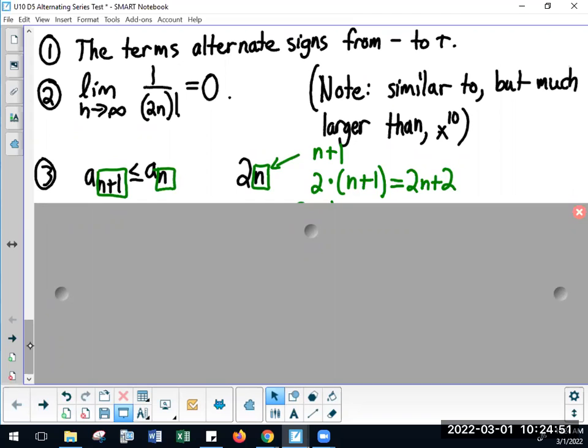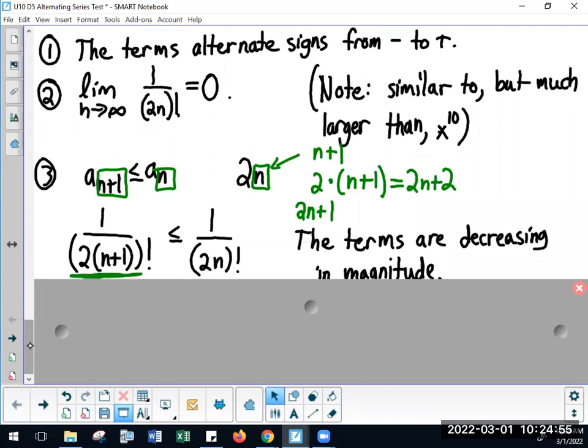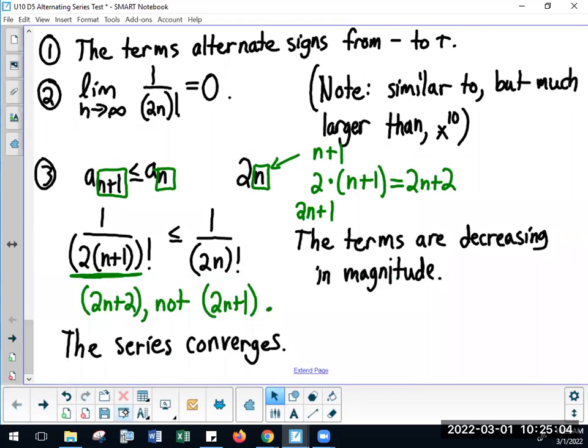So when you look at the n plus 1th term, you're talking about (2n plus 2) factorial. And if we do the cross multiplication from before, I think you would agree that (2n plus 2) factorial is larger than (2n) factorial. Yeah, definitely the case.